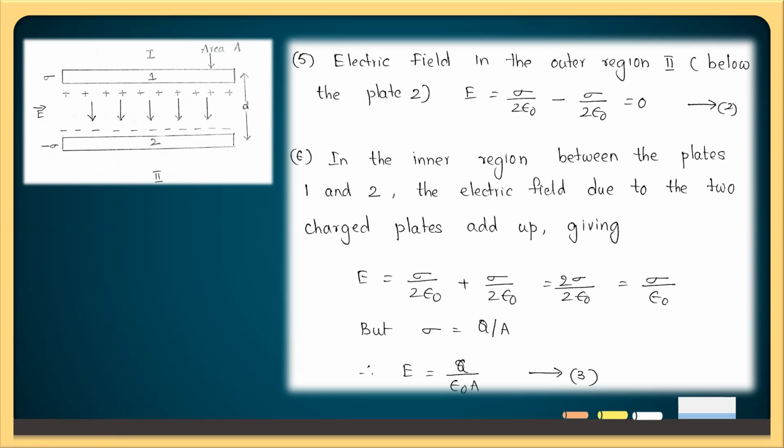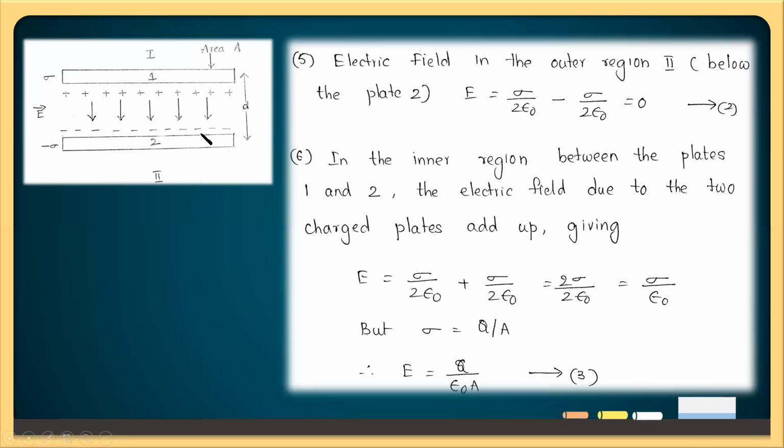Now, what we are interested in is the electric field in between the plates. In between the plates, the electric field due to the positive charge is from the upper side to the lower side. The electric field due to the negative charge is also from the upper side to the lower side.